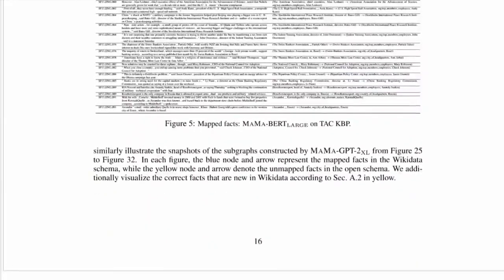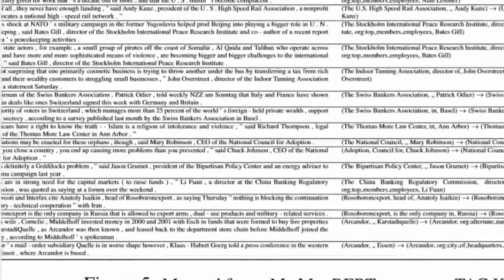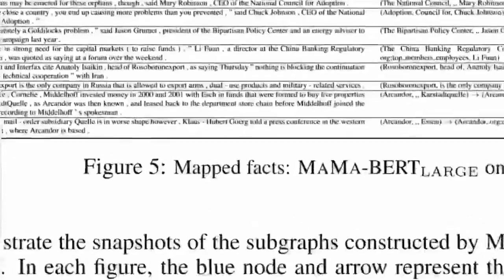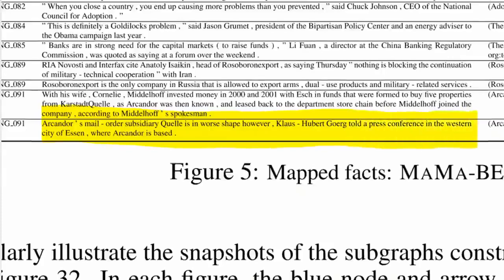Okay, so let's look at a bunch of mapped facts right here. You can maybe check out a lot of them yourself, but we'll just look at one in each category. Blah, blah, blah's male, yada, yada, is in worse shape. However, Klaus told a press conference in the western city of Essen where yada, yada.